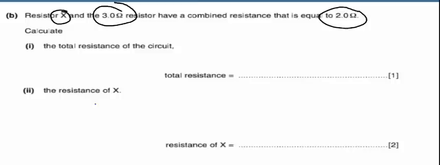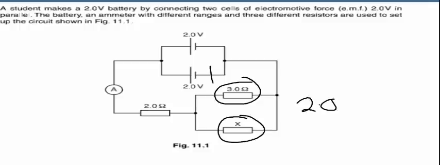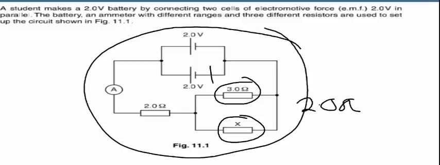Now let's just see where X and 3.0 ohms are coming from. So we have 3.0 ohms and also X. Once we combine them here, we are going to get what? 2.0 ohms. Now they are asking us the total resistance of the circuit, meaning the whole circuit.